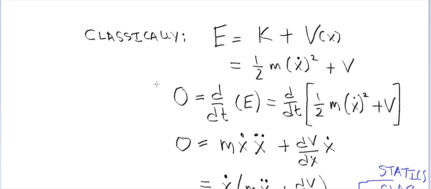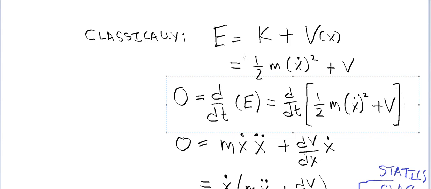We could say that because we believe in energy conservation, the first derivative with respect to time of energy should be zero because energy is constant.